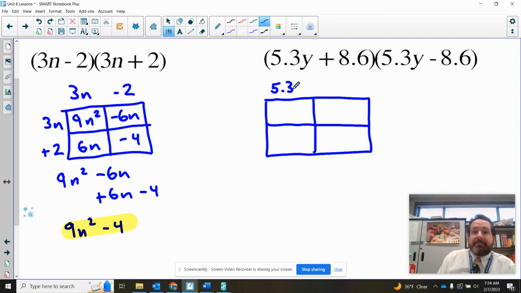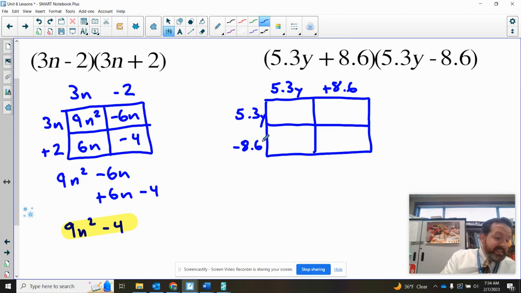So across the top, down the side, let's multiply. 5.3 times another 5.3 is 28.09, and y times y is y to the power of 2. 5.3 times 8.6 is 45.58y.